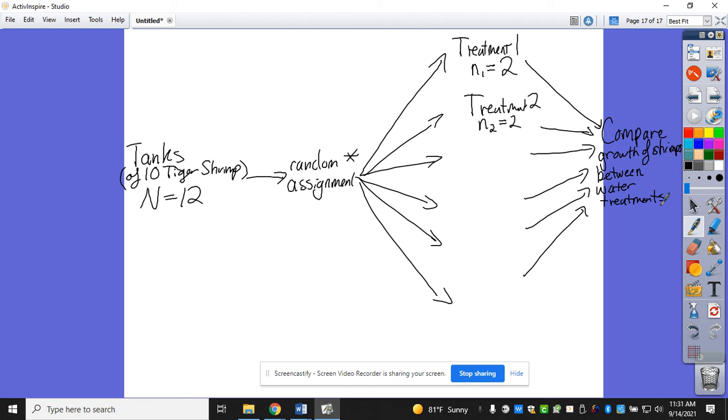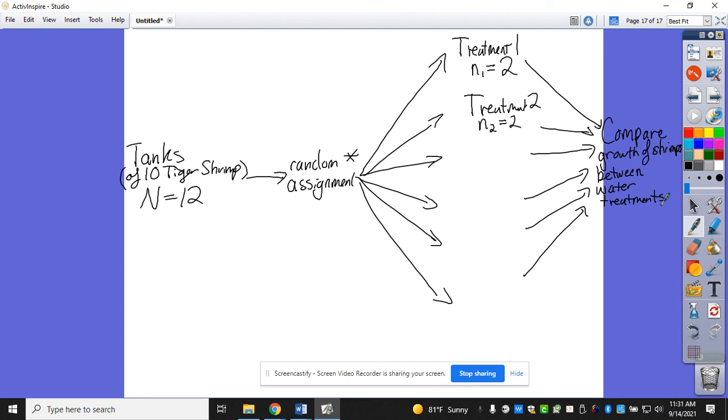What do I put in the hat? 1 through 12. So how do I associate 1 through 12 with tanks? Assign each tank a unique number. I would want something in there like order the tanks from left to right in the room, so it's specific how you chose to number them 1 through 12. So you're numbering the tanks, putting them in order, giving each a unique number.